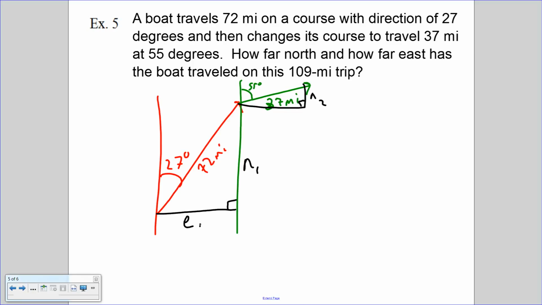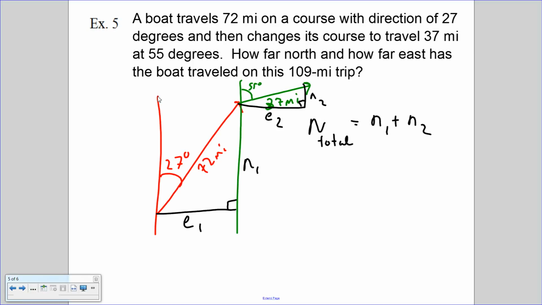East, east sub 1, east sub 2. The question here is, what's the total north and the total east? So therefore, the north total is actually going to be north sub 1 plus north sub 2. So I actually have to calculate the north sub 1 using this triangle and the north sub 2 using the other triangle.